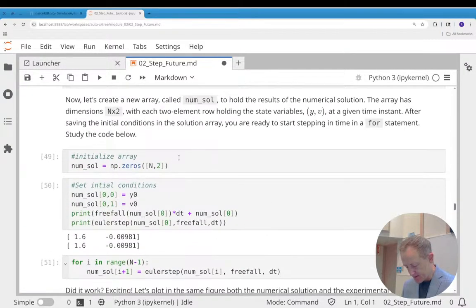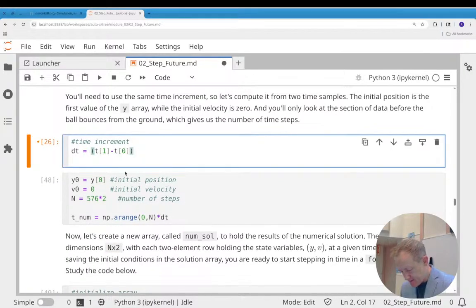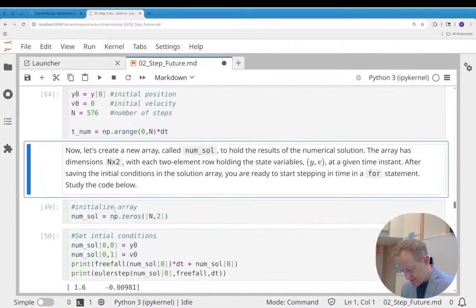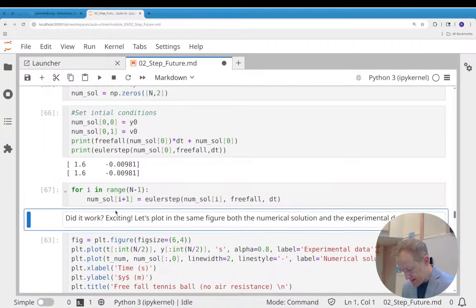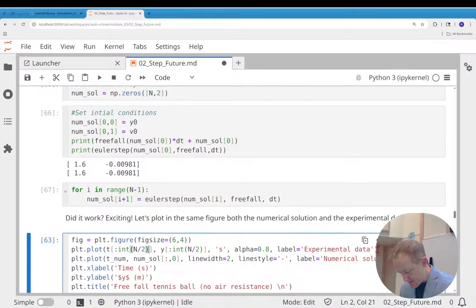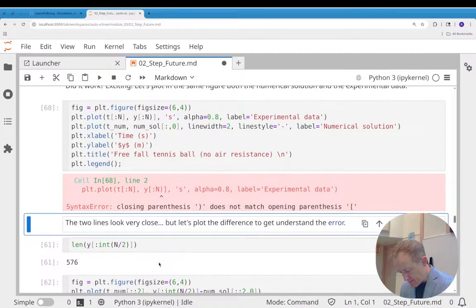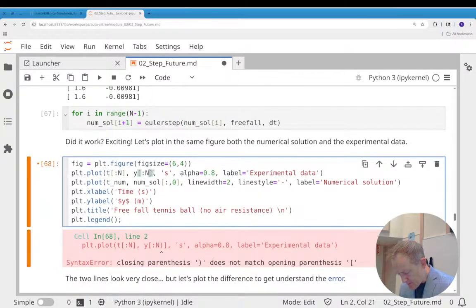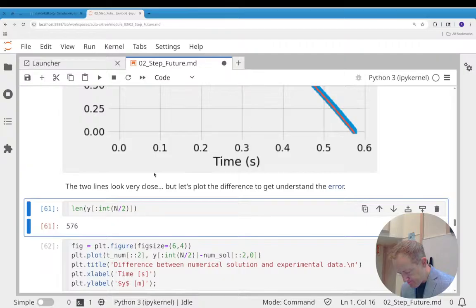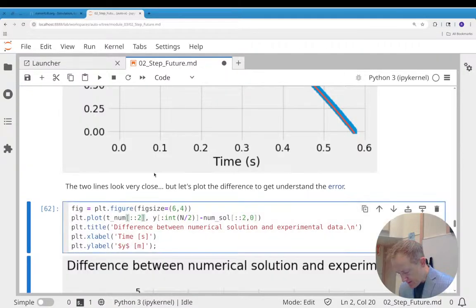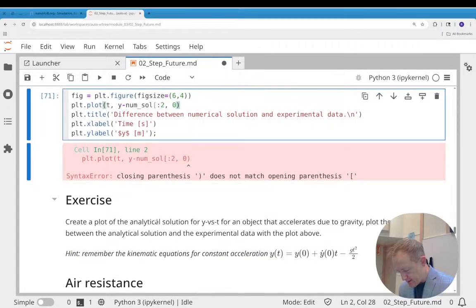All right, let's get it back to what it was. Deleted my bracket.